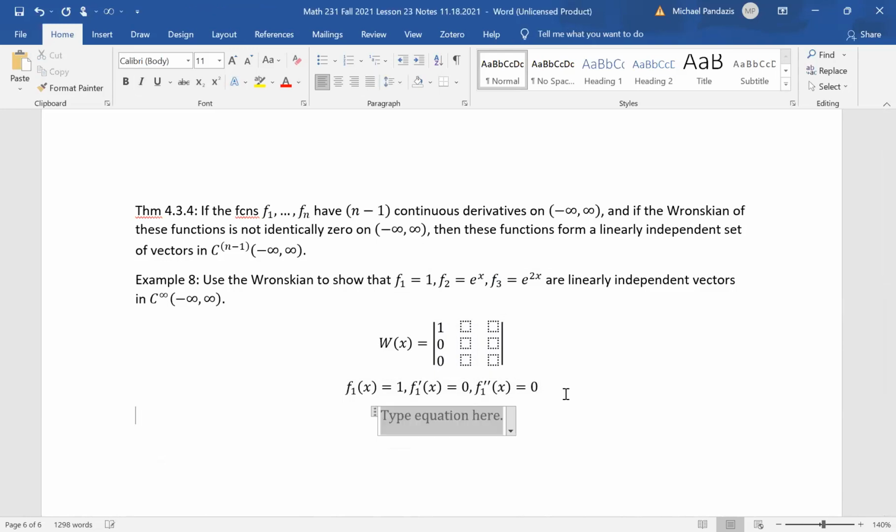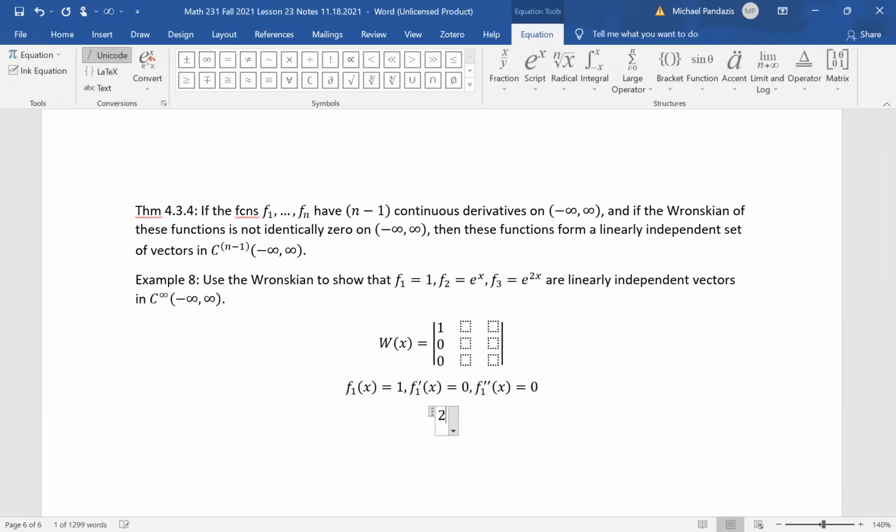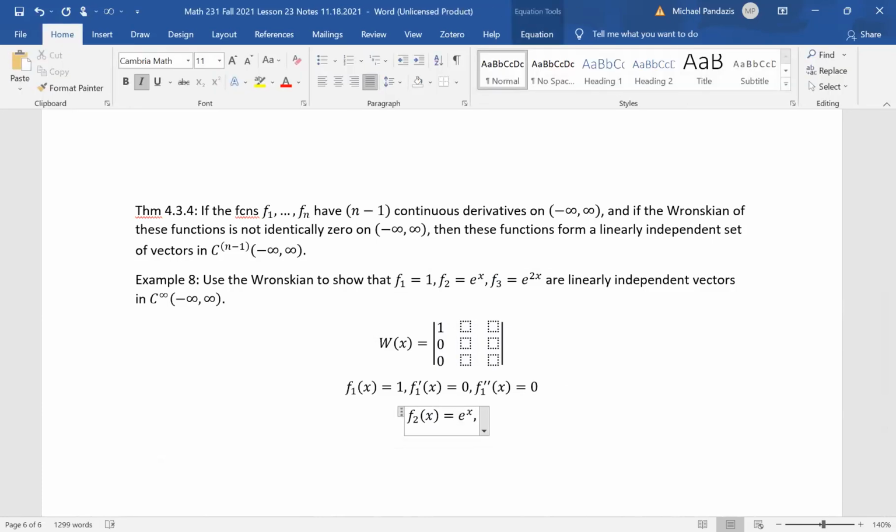For the second function, f sub 2 of x is equal to e to the x. The derivative of e to the x is itself, so f sub 2 prime of x is still equal to e to the x.